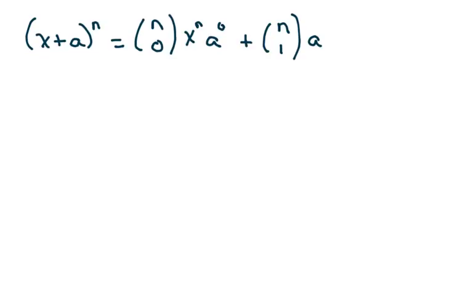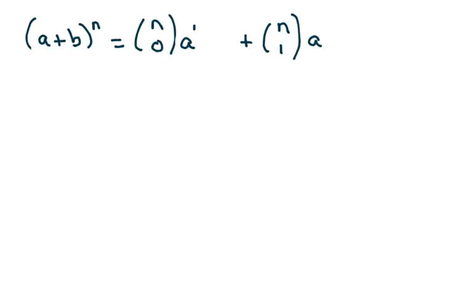I don't like this. I'm going to change this to a and b. So let me change this to a and b here. A and b. So I'm going to erase this and do it again.